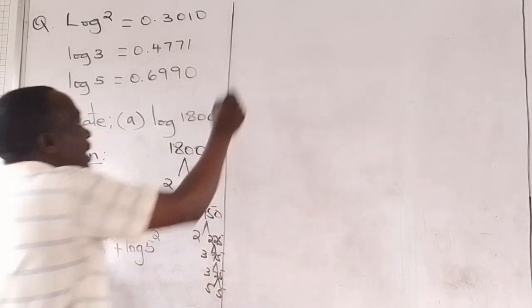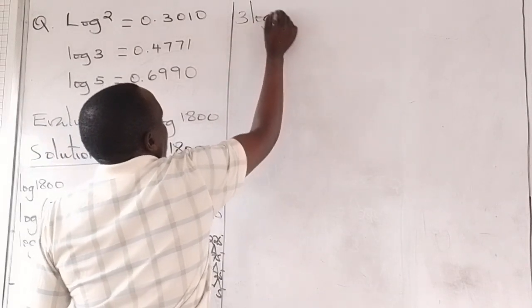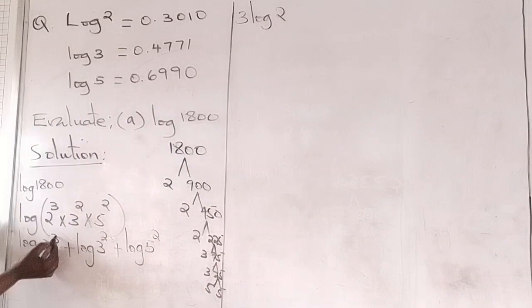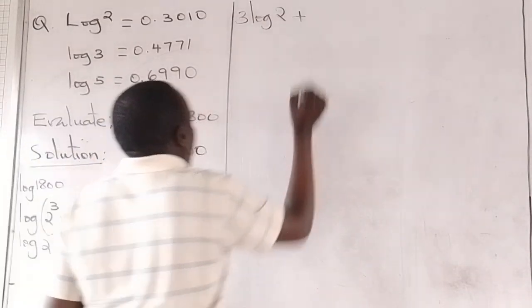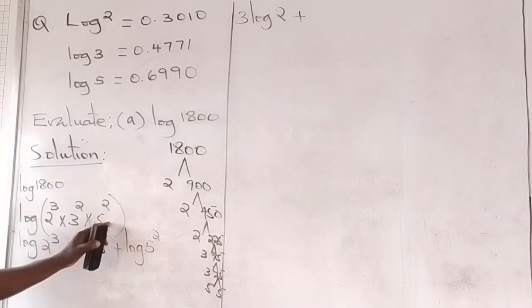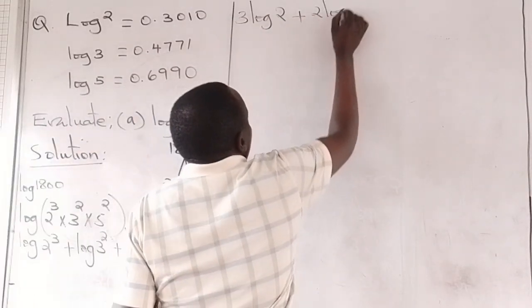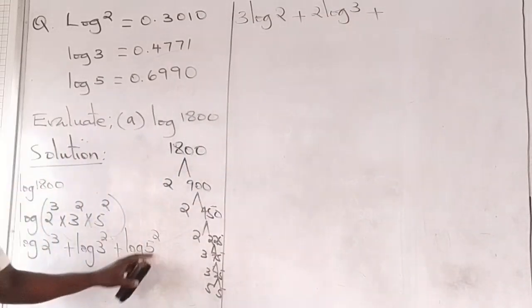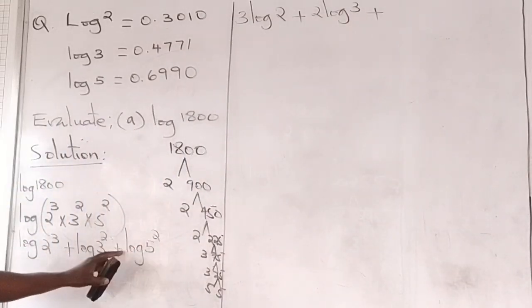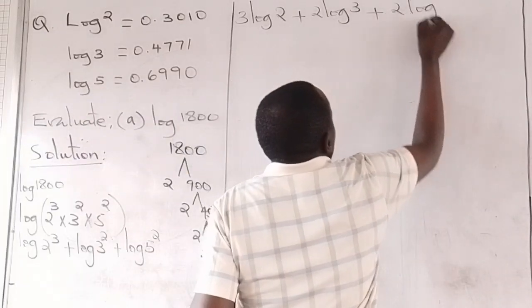Now this one becomes 3 log 2. This power becomes the coefficient of this log, plus log 3 to power 2, 2 becomes the coefficient, so it is 2 log 3, plus we have log 5 to the power of 2. So 2 becomes the coefficient, so it is 2 log 5.